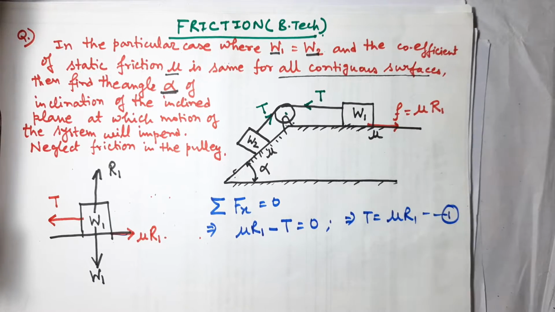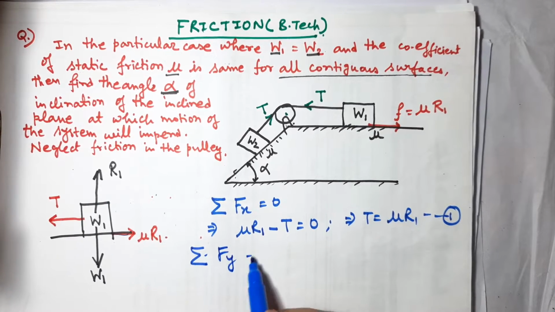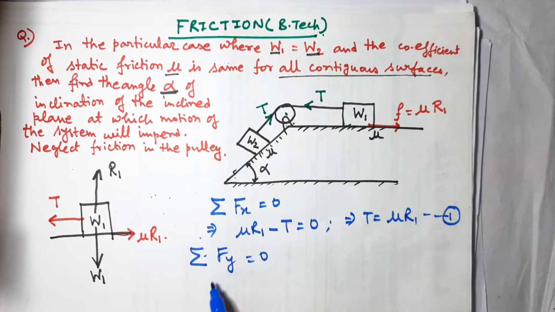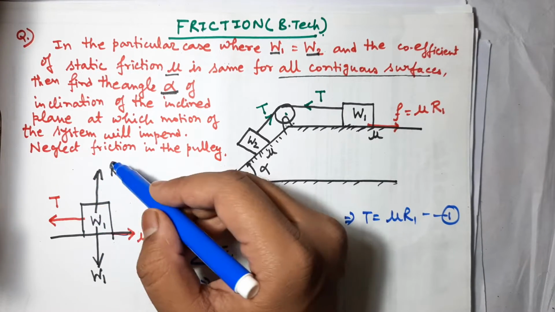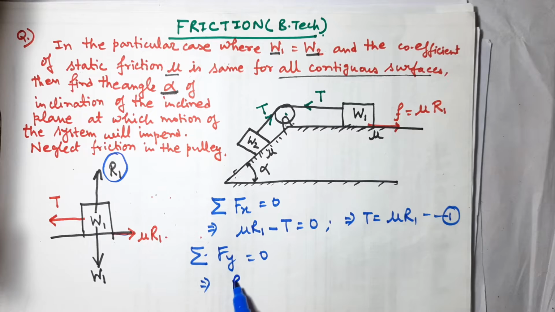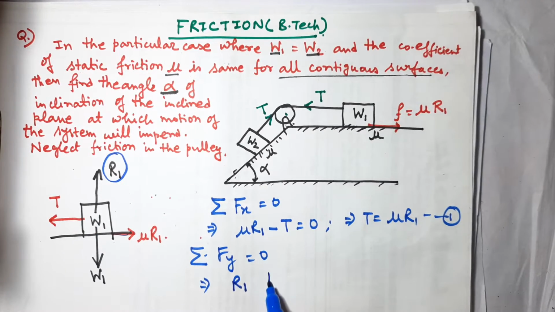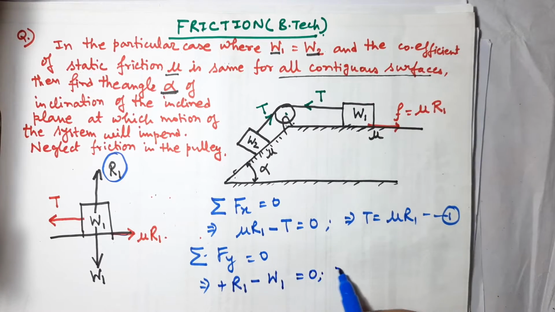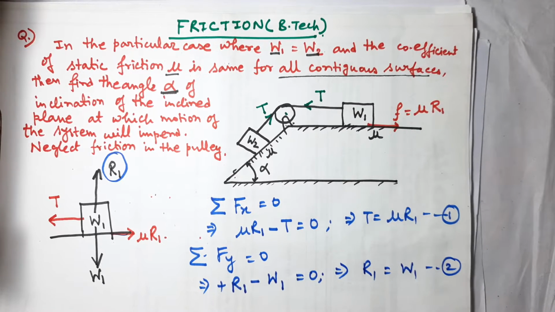This is equation number 1. Similarly, Fy is equal to 0 for this W1 block. Along the positive y direction R1 acts, and in the negative direction W1. So R1 minus W1 is equal to 0, so R1 is equal to W1. This is equation number 2.